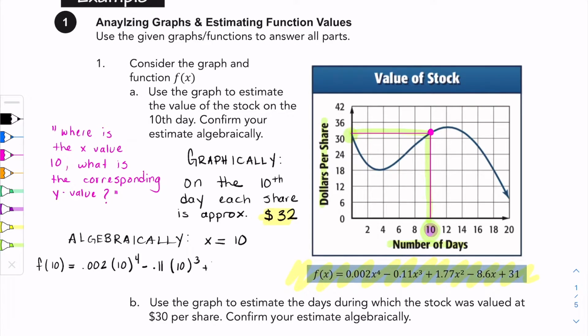plus 1.77 times 10 squared minus 8.6 times 10 plus 31. So we need to type that entire expression into the calculator, and we need to solve.